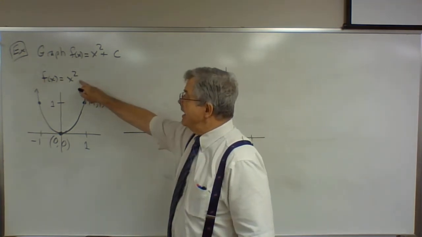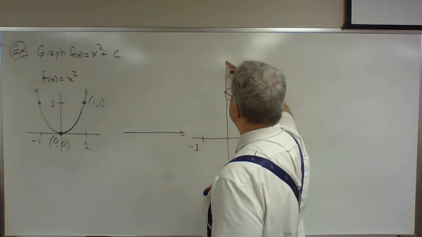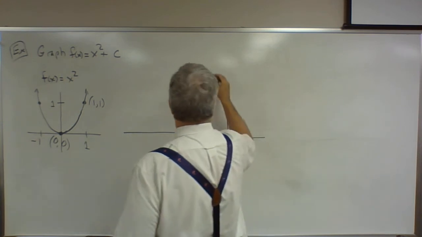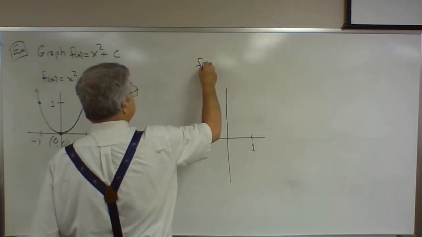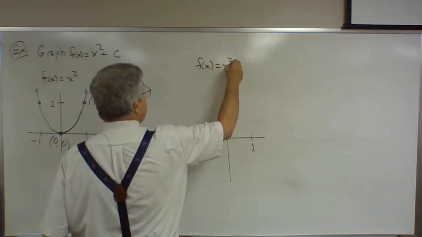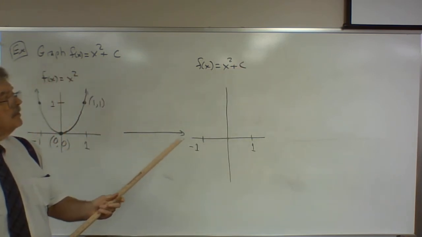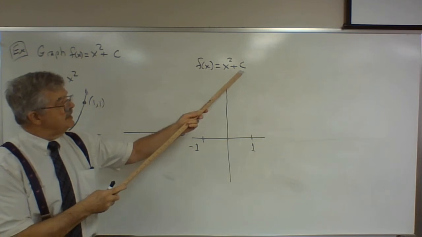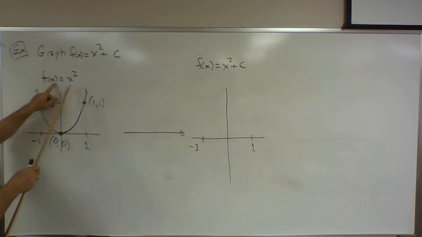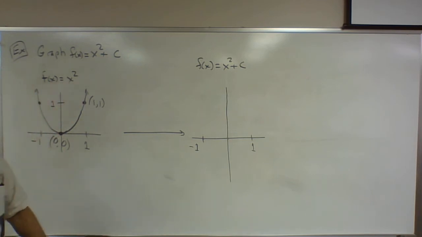So we take our graph, f of x equals x squared, and to get the graph of the function f of x equals x squared plus c, remember what we're doing here. We're taking c and we're adding it to the y-coordinate of every point on that graph.